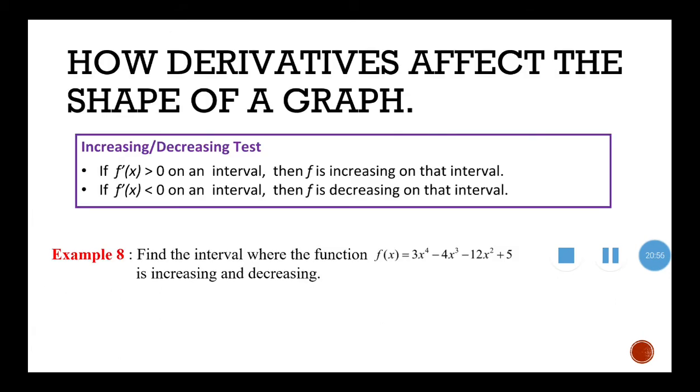So f x is 3x to the power of 4 minus 4x cube minus 12x square plus 5. Let's check, is that right? Okay, 3x to the power of 4 minus 4x cube minus 12x square plus 5.